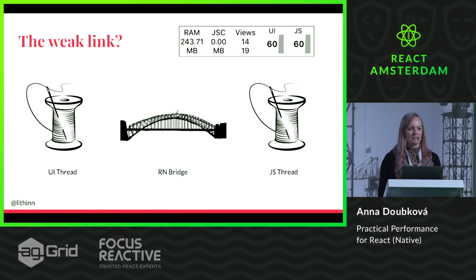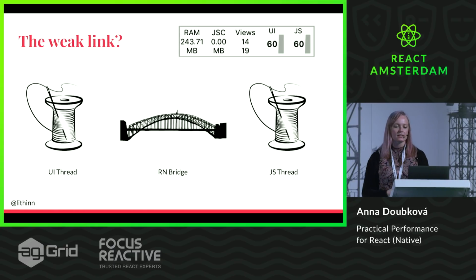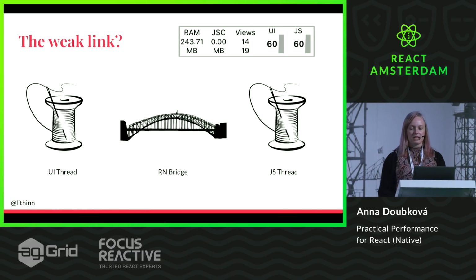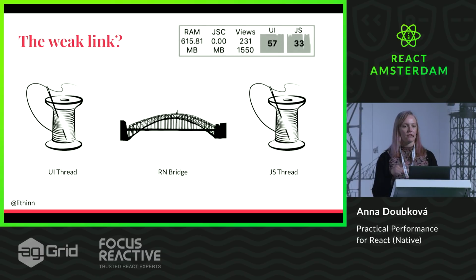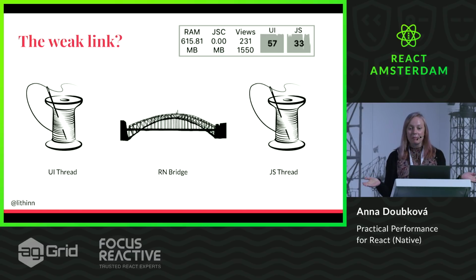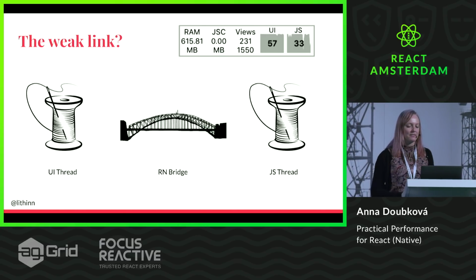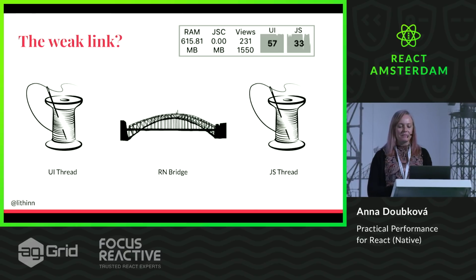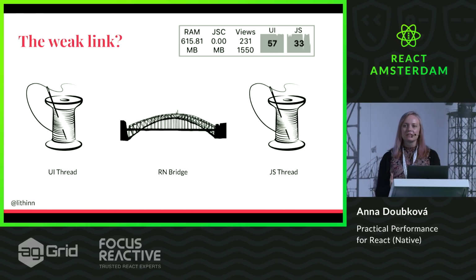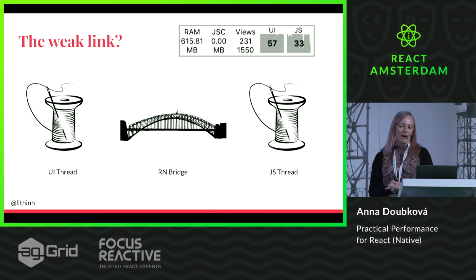Ideally, we want it to be at 60 frames per second because that shows that the user is having a good experience. But it doesn't always happen. In our case, we saw the JavaScript thread especially dropping a lot. I even saw something like minus 30 frames per second, which I don't even know what that means. How can you have negative values? But there you go.